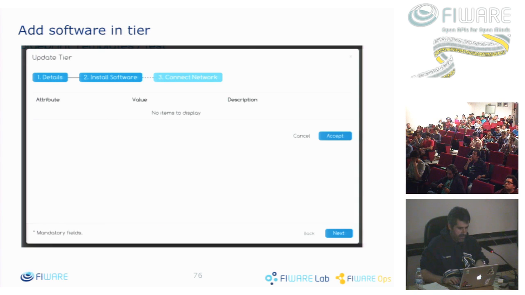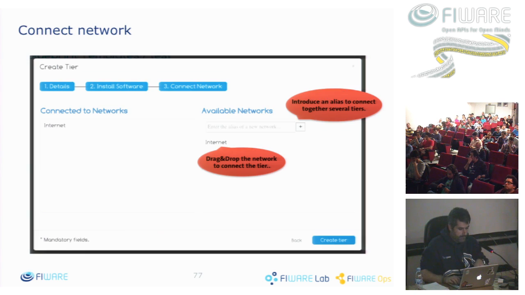This is the operation that you see here. And finally, there is the network. Here you have internet. You always have internet, which means that this tier has public access. You have the possibility to define an alias, which means that if you deploy two tiers with the same alias, these tiers are connected together.